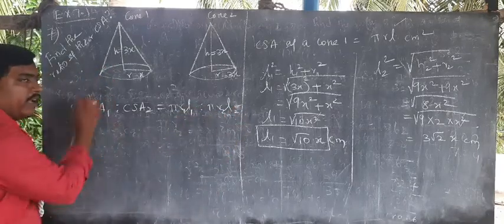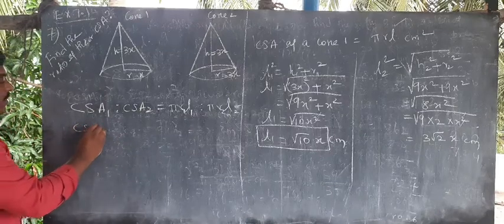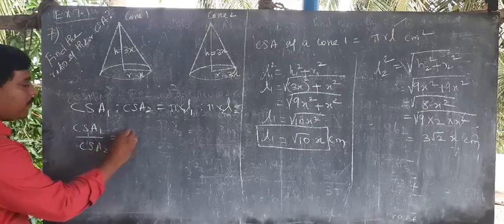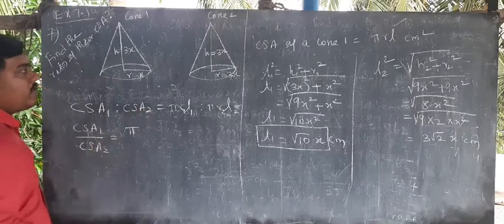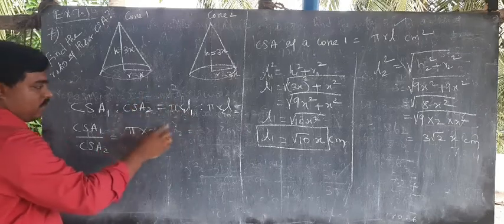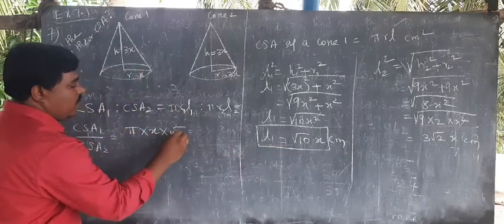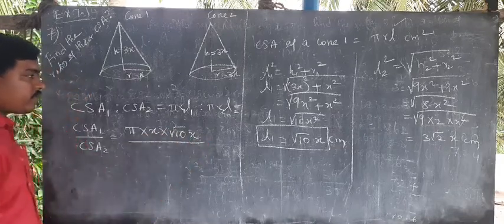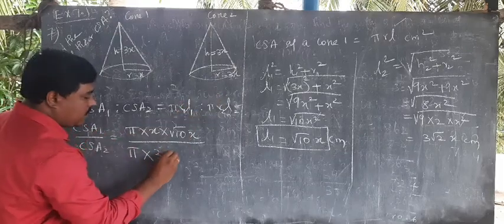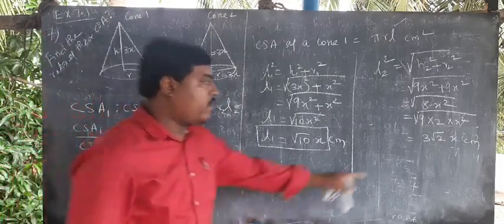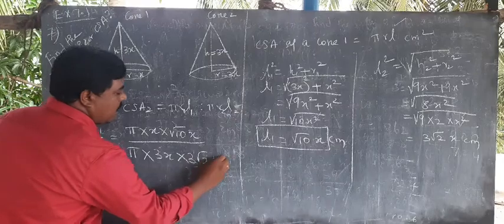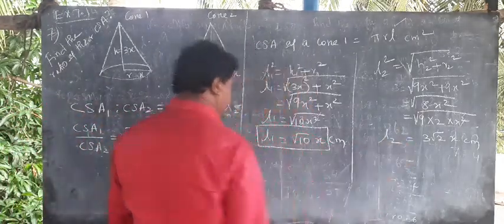Now ratio means always how you write? By CSA 1 by CSA 2. Pi, R equals what? R is x. L1 is what? Root 10 x, by pi into r equals 3x, into L2 equals what? 3 root 2 x, right? This is L2.